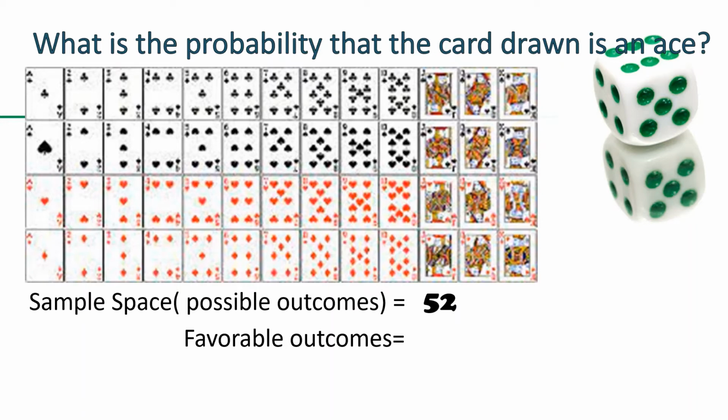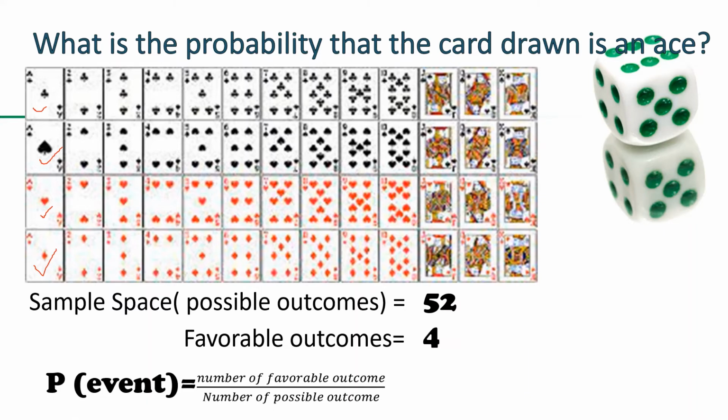So meron tayong ace of flower, ace of spade, ace of heart, and ace of diamond. Okay, so there are 4 favorable outcomes. Then, using the formula, probability of event is equal to the number of favorable outcomes over the number of possible outcomes. So we will have the probability of getting an ace is equal to 4 over 52, or in reduced form, we have 1 over 13.